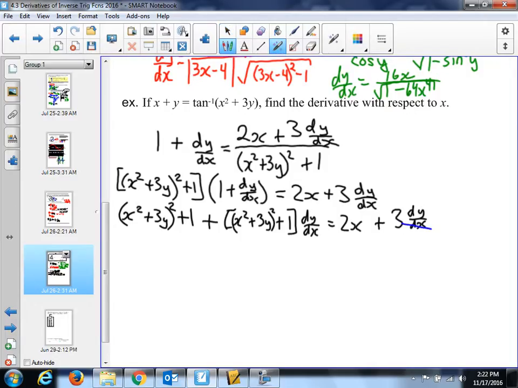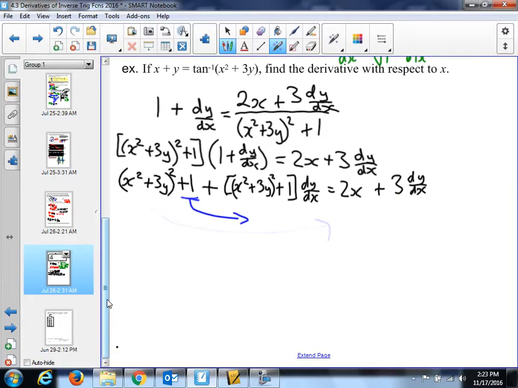Now, I'm going to move this by subtracting onto the other side. And I'm going to move these to that side by subtracting 1 and subtracting the x squared, so on, right? So, it's going to be a big old mess, but I get the big expression.